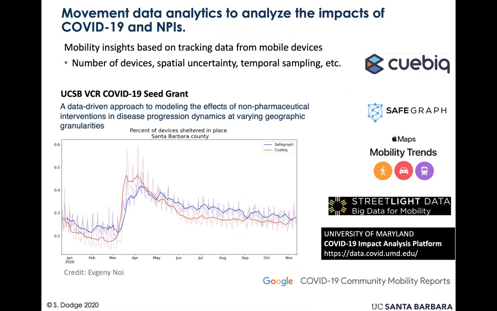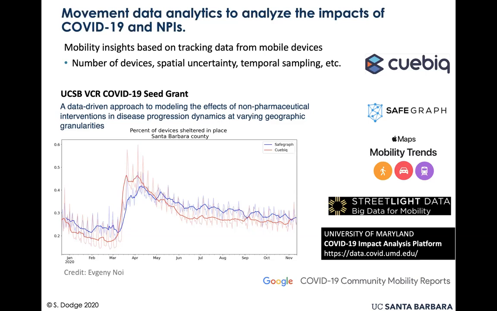As the COVID pandemic started, a lot of people turned to the movement of people, and it has become a huge interest for many researchers to look at movement and its impact on the transmission of COVID-19, and also the measures we can take to limit the movement of people and their exposure to COVID-19.